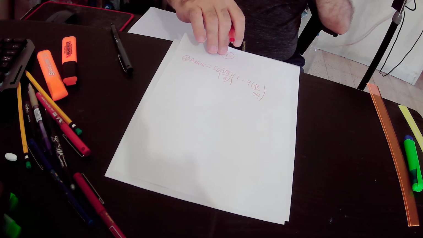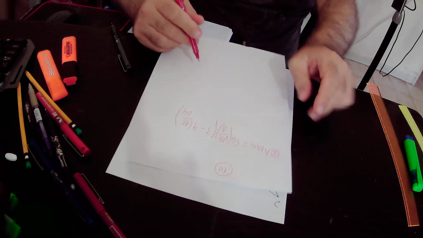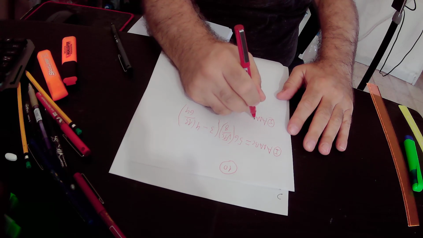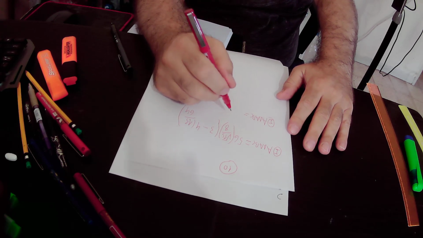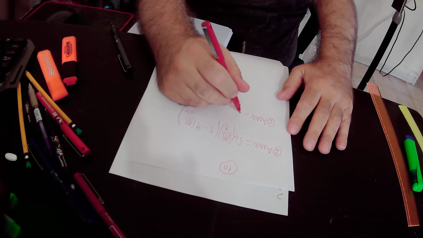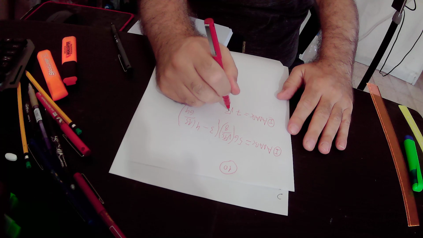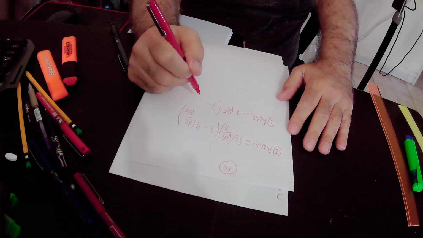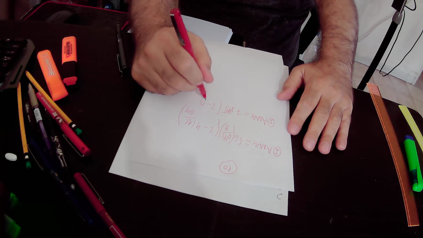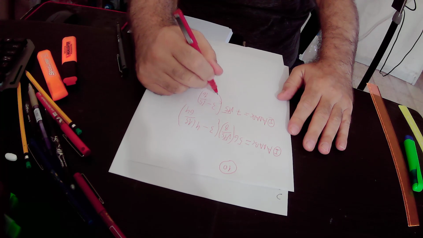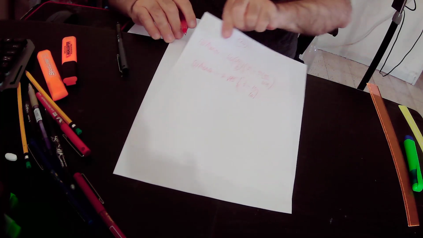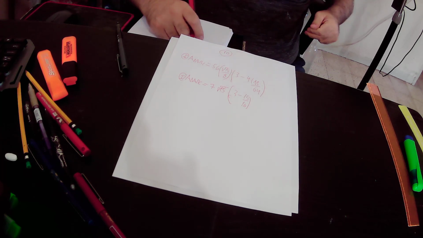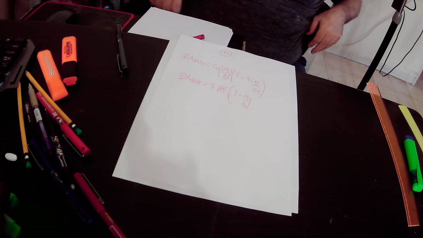So we will get that the area of triangle ABC equals 56 over 8, which is 7, times root 15, times 3 minus 15 over 16. So the area of triangle ABC equals 7 times root 15 times 3 minus 15 over 16.